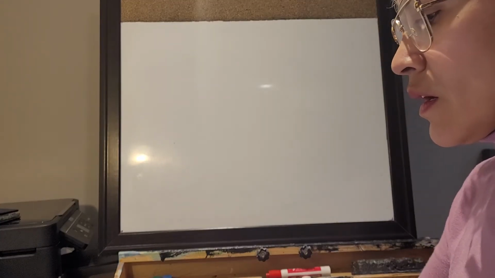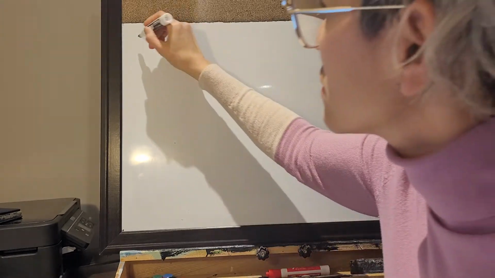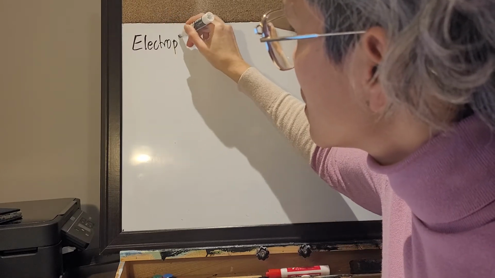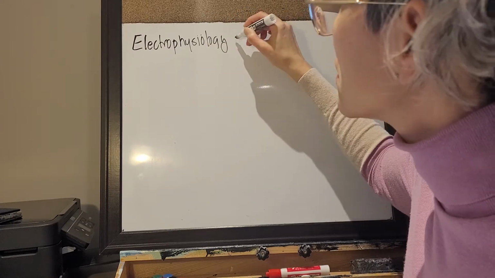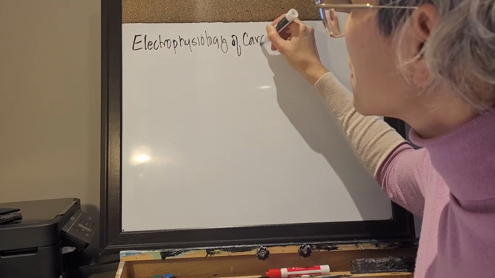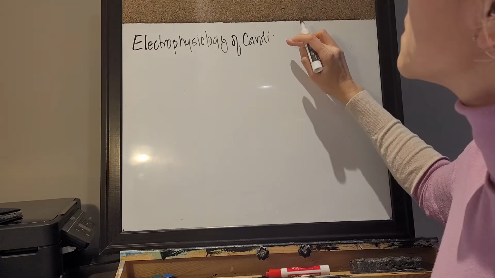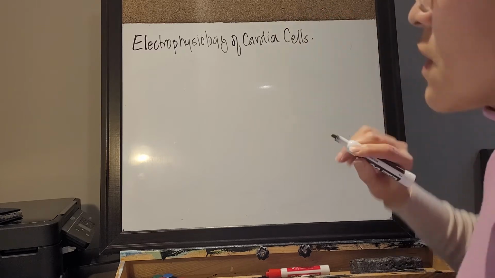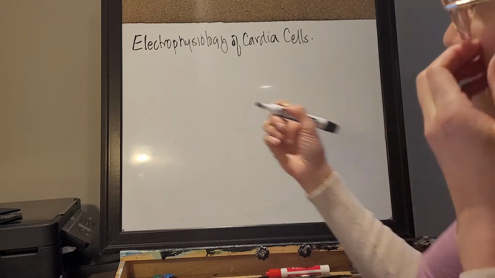Okay, let's quickly review the electrophysiology of the heart. And the first thing that we're going to talk about are the types of cardiac cells.